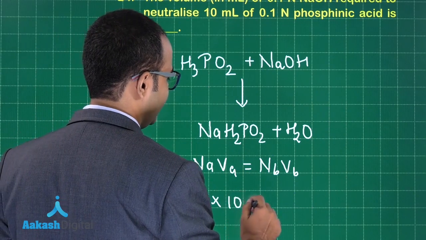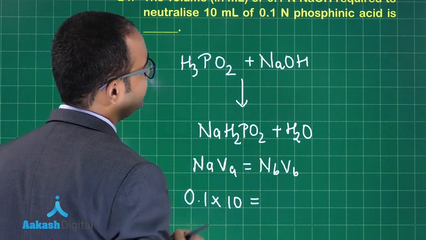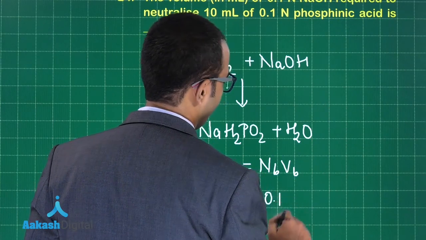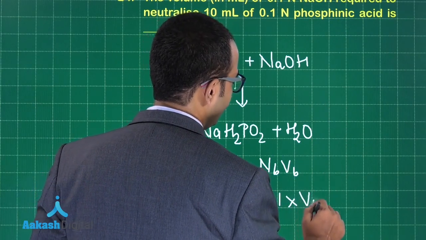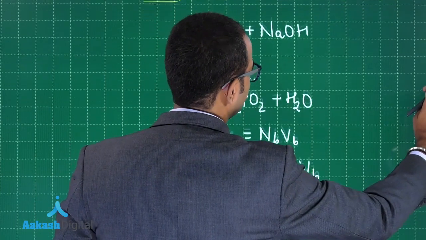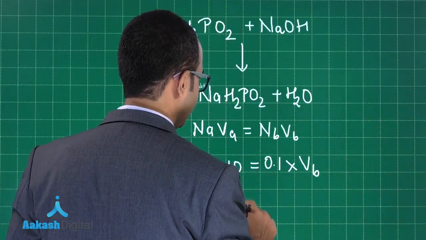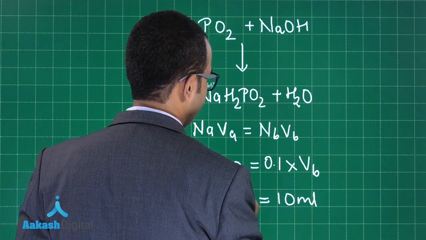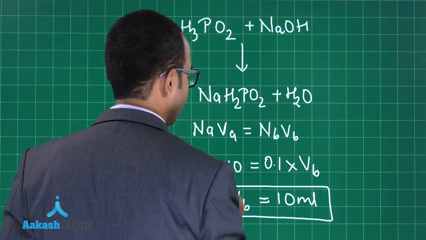Volume is 10. Okay, what is the normality of NaOH? Normality of NaOH is 0.1. So what is the volume of NaOH required? So volume of NaOH required will be 10 ml. So that is your answer, guys.